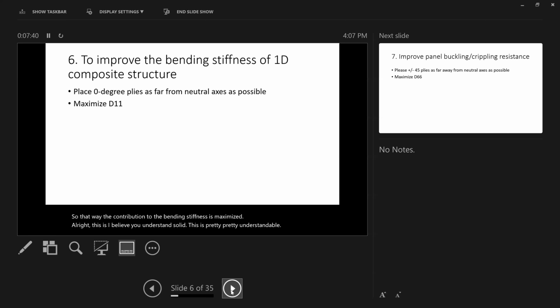This is when you want a beam-like, 1D structure with high bending stiffness. If that's not a requirement, it doesn't matter. If bending is an important factor of the design, you do this. It gives you the benefit of using the same amount of material but achieving higher bending stiffness.